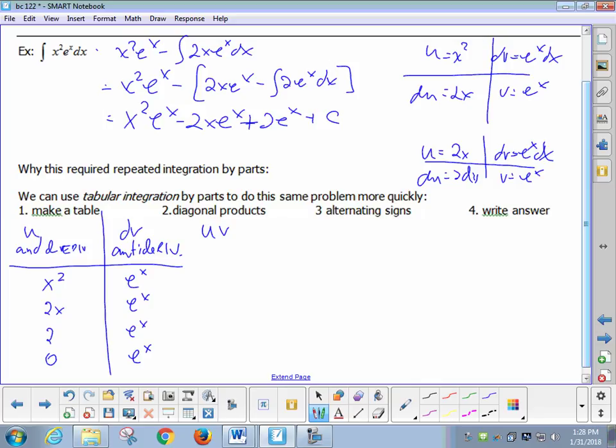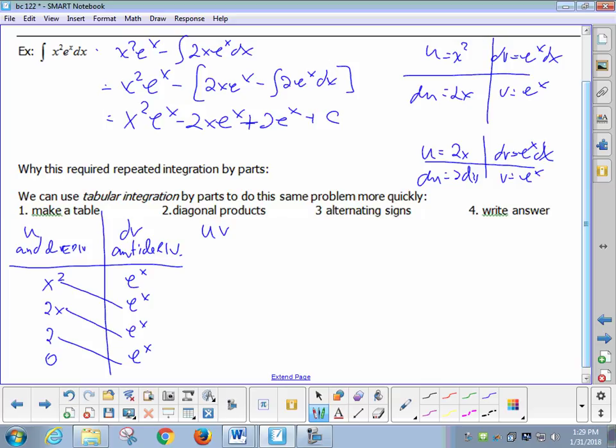Okay, now we know that uv is our first answer when we do integration by parts. Looking in this table then, that's u, but v is there. Okay, this is dv, so our v is here. Here's uv. Now you'll find then that those diagonal products actually continue all the way throughout. So our answer is going to be x squared e to the x, 2x e to the x, and 2e to the x.